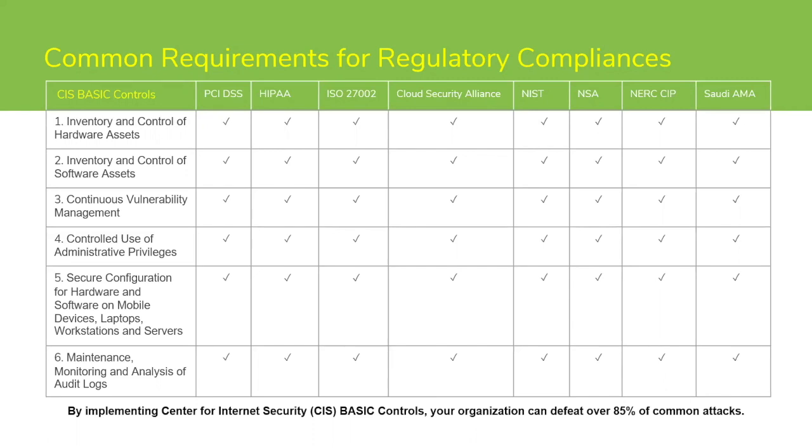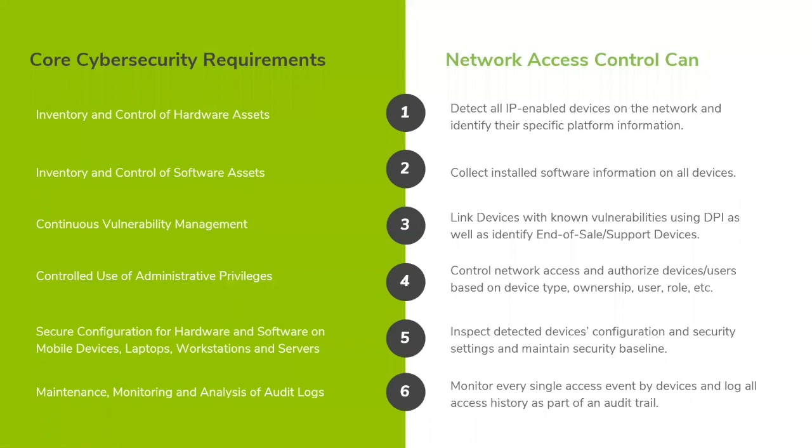So what we're going to look at is how NAC can actually help facilitate these controls. If we examine the controls that we looked at on the previous page, and we look at the features network access control can provide, there's going to be a very obvious correlation about how the different network access control features can help solve each one of these common requirements.